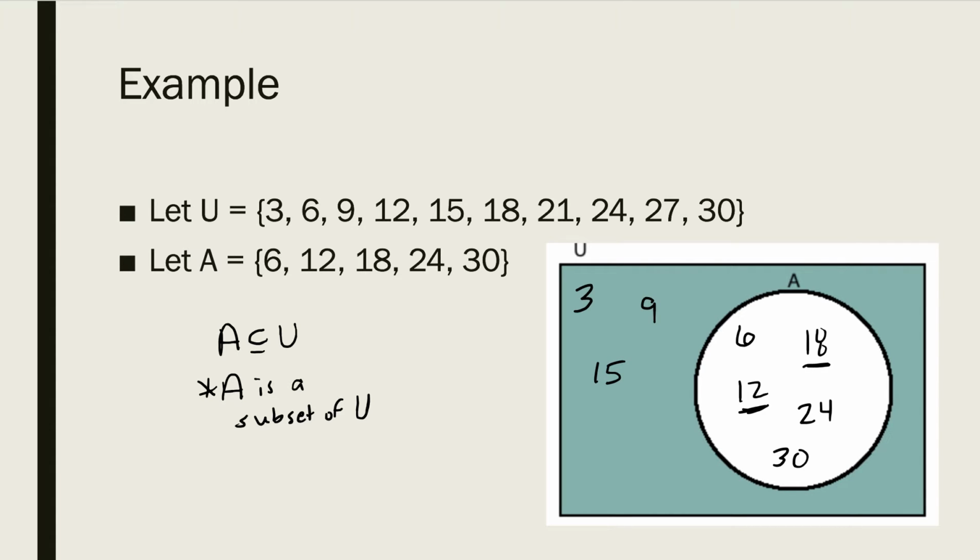Here's 18. 21. 24 is here. 27. And 30. And so notice that the elements that are inside of A are also inside of U, so we don't have to write them down twice. And so that is our Venn diagram for this particular example.